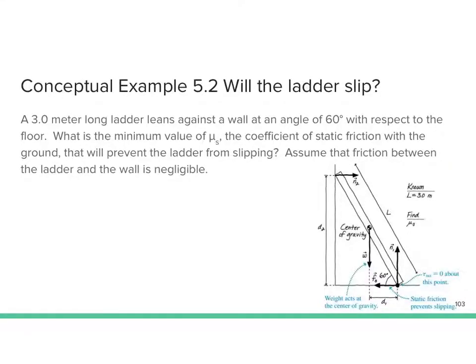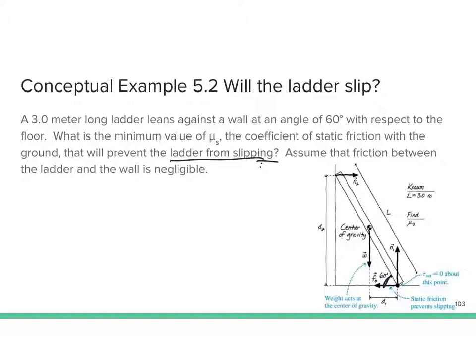I used to actually solve this as a problem too, but it's a little bit more complex than we need to know. Here we have a ladder, and it's leaning against a wall at an angle of 60 degrees from the ground. What's the minimum value that the coefficient of static friction must be to prevent the ladder from slipping? This is actually a really complex problem, because I have all these forces going on.